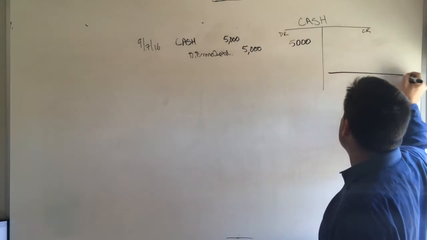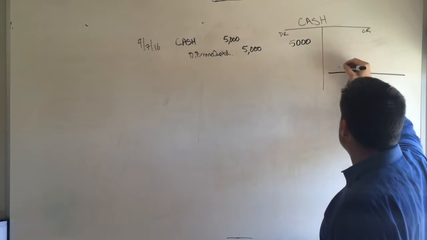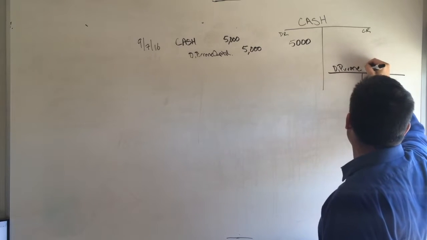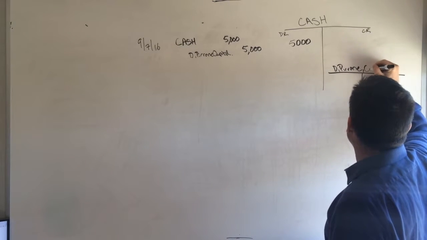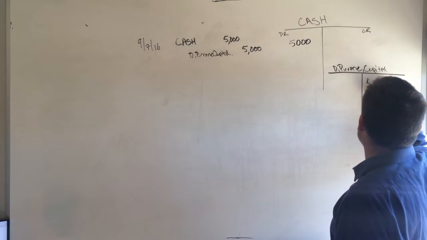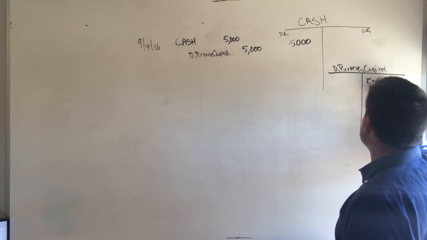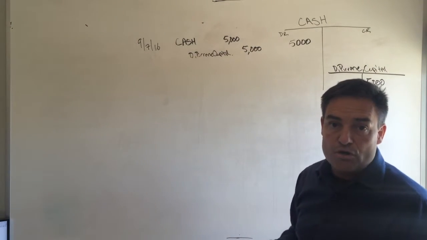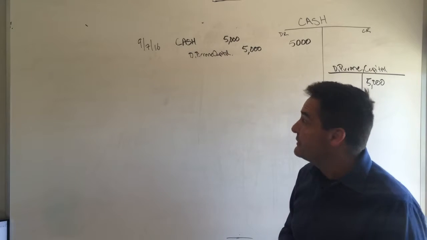Then in the D. Perone capital account, we are also going to have a $5,000 credit. And it's very important that the debits equal the credits.